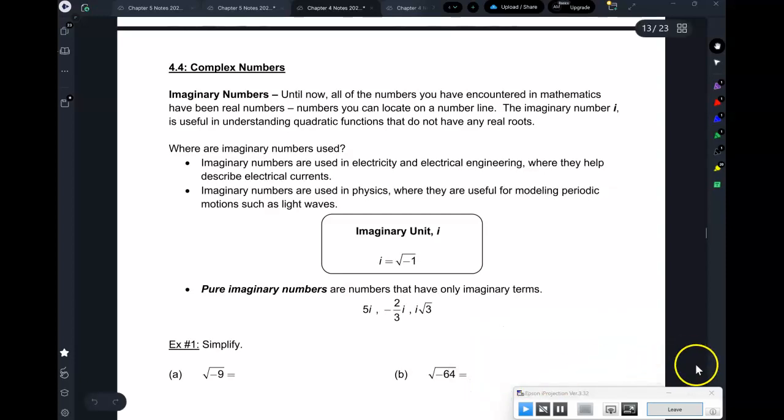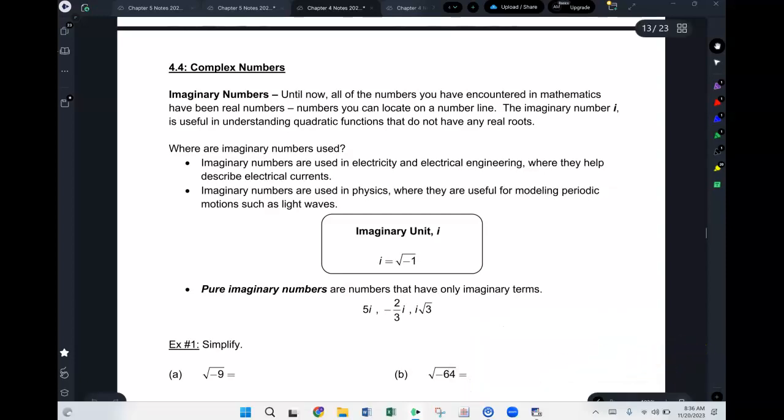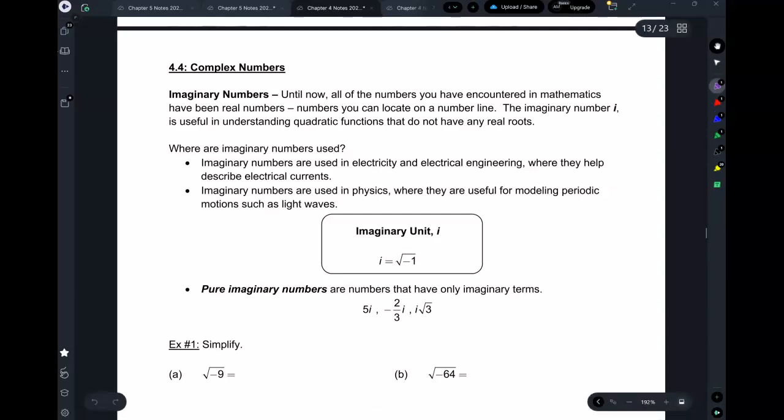Okay, so complex numbers, or imaginary numbers. Take a look. Until now, we knew that the square root of 4 is 2. But if you had the square root of -4, we'd say, oh no, we can't do that.